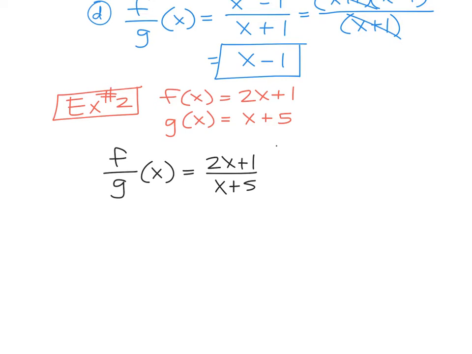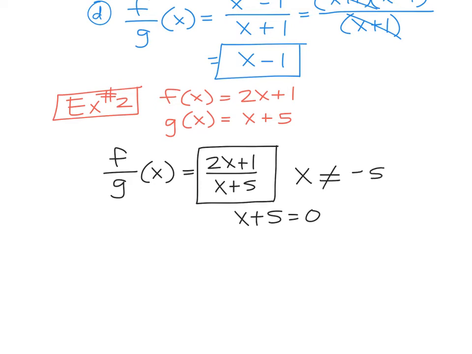The only thing you do have to do is name restrictions if there are any. Is there a restriction here? X can't equal what? -5. We cannot have that equaling 0. So basically what you're checking for is when will that equal 0? Well, if you subtract 5, x equaling -5 would make it 0.